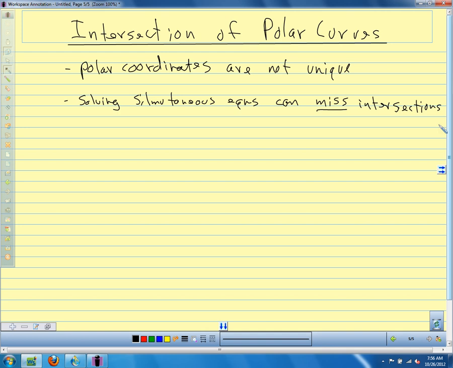So in order to find all of our points, we have to graph our functions as well. Whenever we're finding points of intersection, rather than just solving simultaneous equations, graph your functions and look at the graphs.